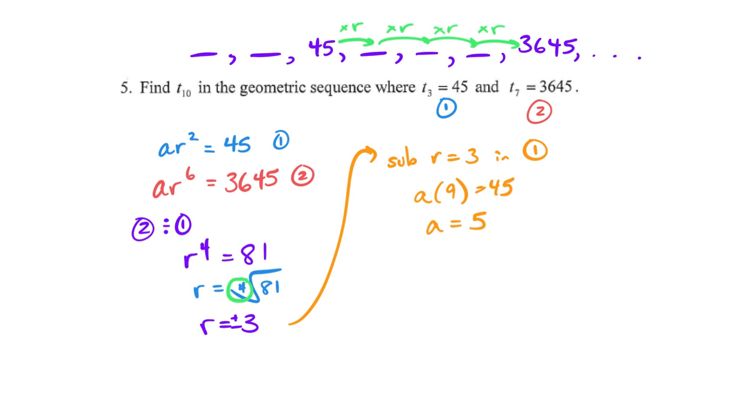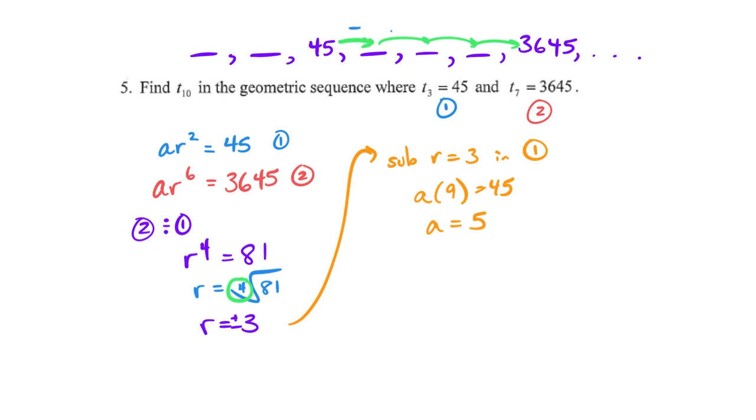And if you look up at the top of your screen, if I get rid of all those little times by r's, and all I wrote was the sign, well, does it make sense that we could have multiplied by a positive, a positive, a positive, a positive, and 3,645 would still be positive? Yes. But maybe now you can see, if I was to multiply 45 by a negative, then my next term is negative.